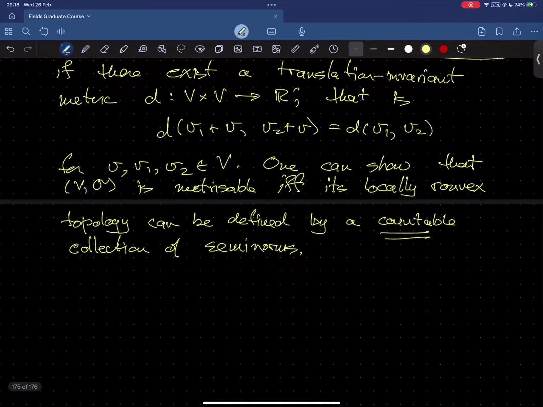So examples. Normed spaces are metrizable.